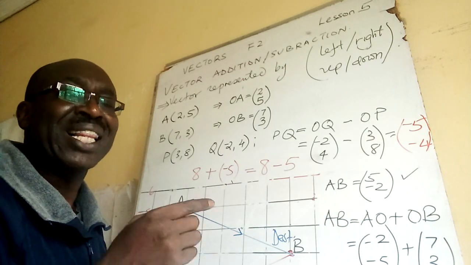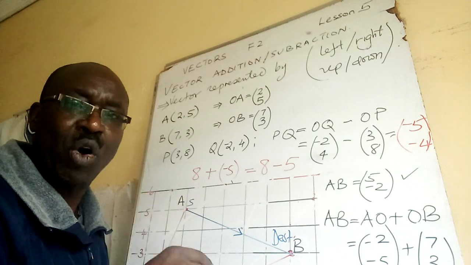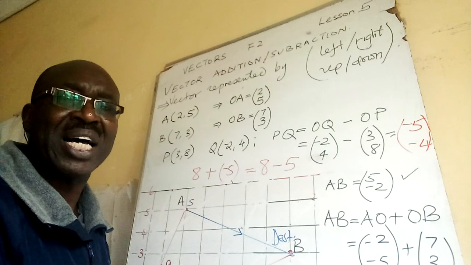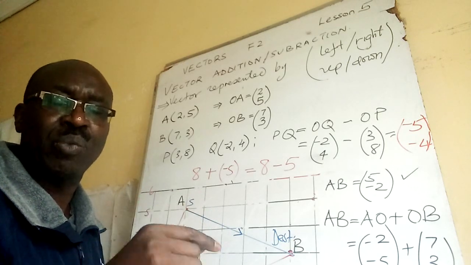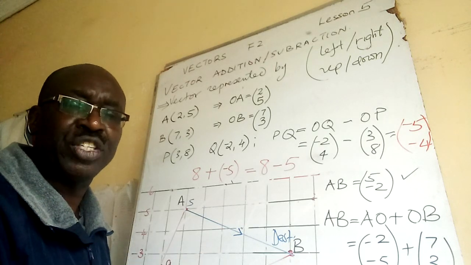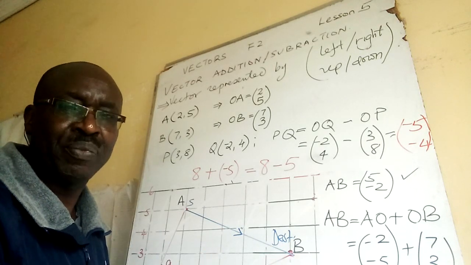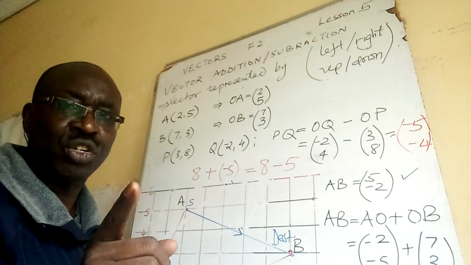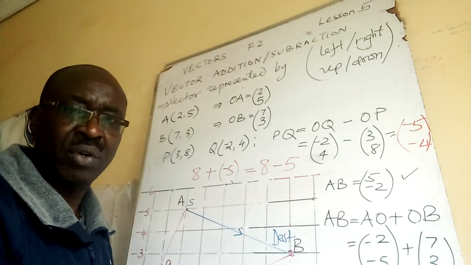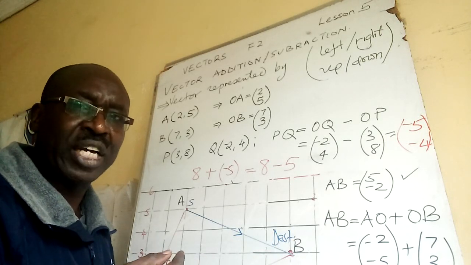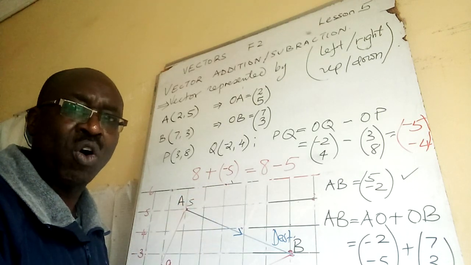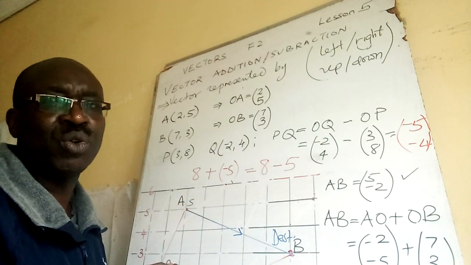Reason being, they were points on Cartesian plane, and any point must start its movement from the origin. And therefore, any movement from origin is called position vector. AB is not a position vector because A is not at the origin. But how do you get AB? You will say, from A, I'll go back to O, and from O, now I go to B.